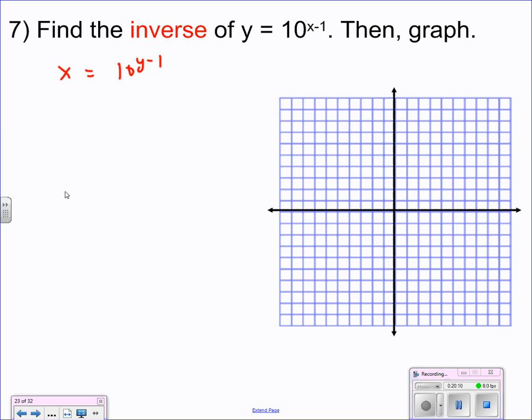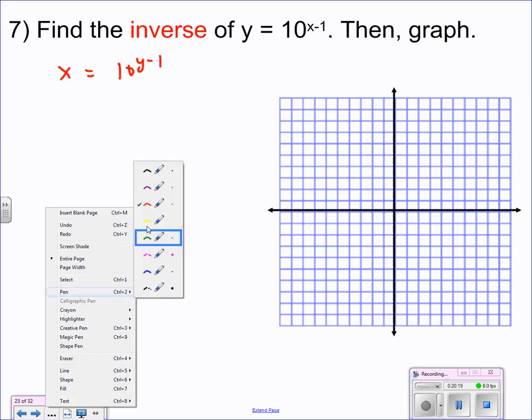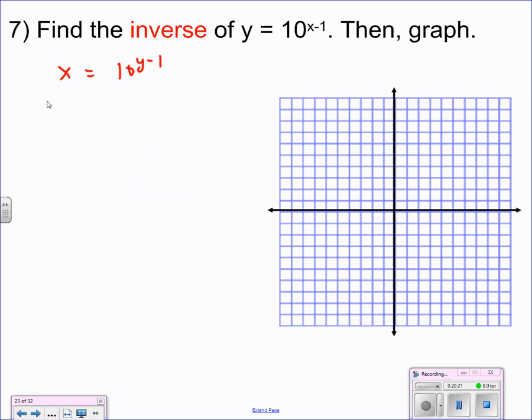To get y by itself, I need to change it from exponential form to logarithmic form. So I need log base 10 of x equals the power, so y minus 1. So again, I rewrote it in logarithmic form.